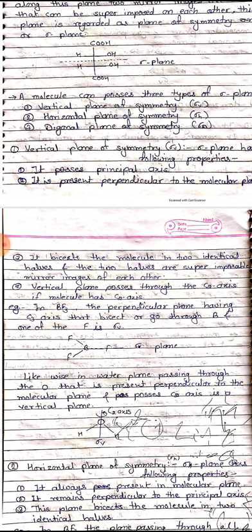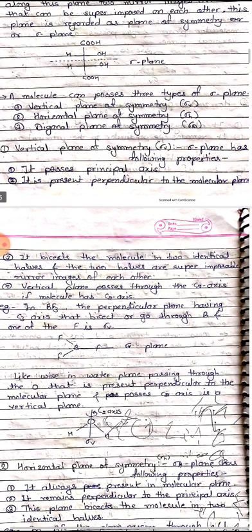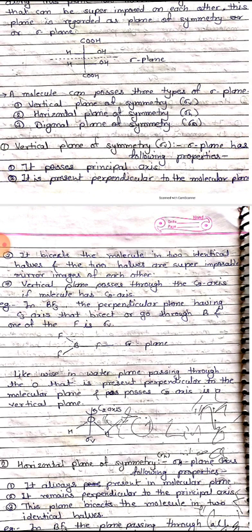The axis of highest fold will be regarded as the principal axis, and if the plane through which the reflection operation is carried out contains the principal axis, then only it will be regarded as a vertical plane of symmetry. First of all, you should remember this. Second, it is present perpendicular to the molecular plane. It contains the principal axis and it should be perpendicular to the molecular plane.